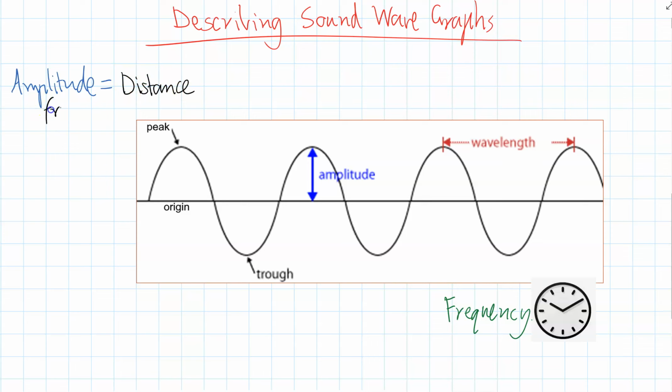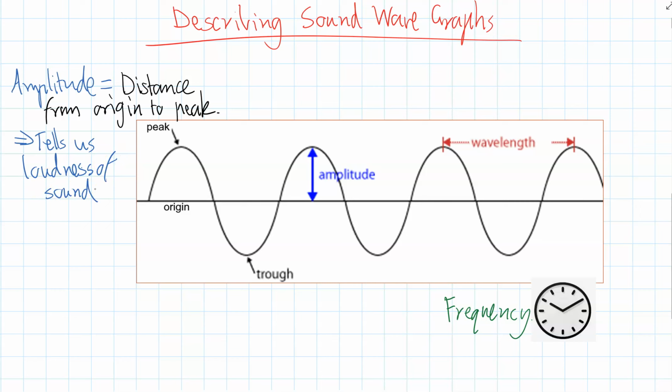So the distance from the origin up to the peak of the graph. And amplitude, well, it tells us how loud the sound is. Tells us the loudness of the sound.